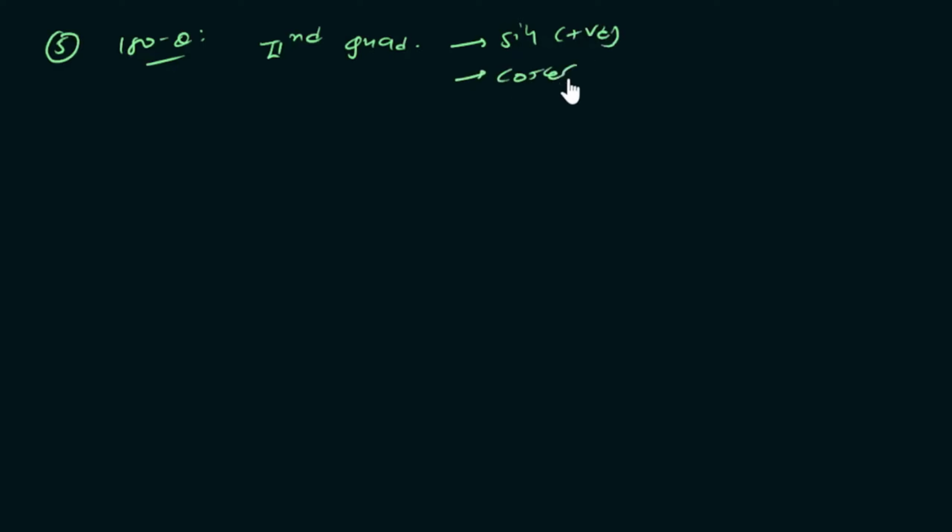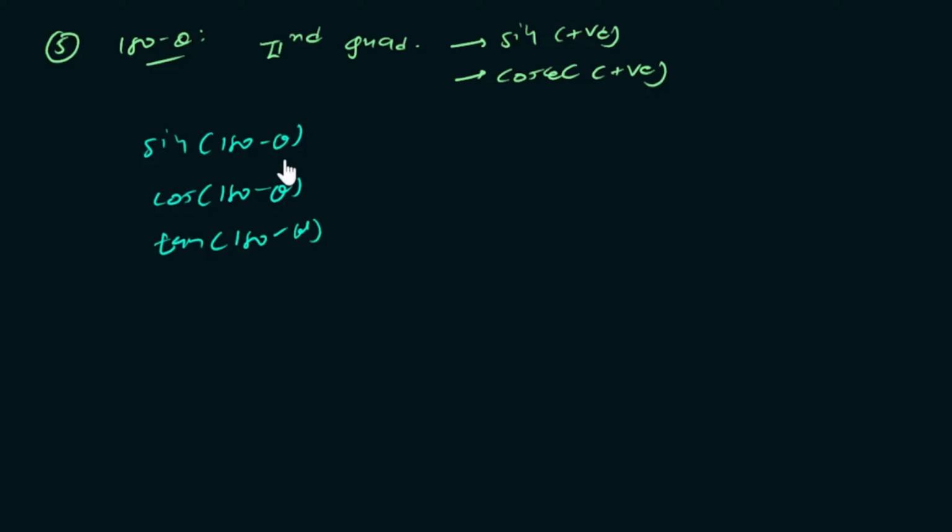So we have sine 180 minus theta, cos 180 minus theta, and last, tan 180 minus theta. Now here we have 180. So for the 180, 360 and 0 degree angles, we just keep our function as it is. So it will be sine theta.